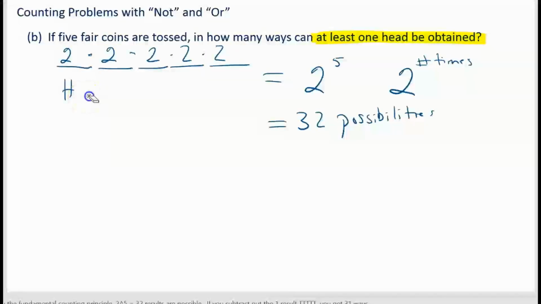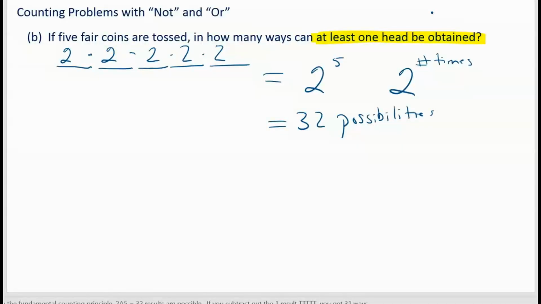Now, they're asking for how many possibilities have at least one head. So you're talking about, of course, the one I gave you, the heads all the way, 4 heads, 3 heads, 2 heads, 1 head, all of those options. Now, it would be easiest for us, instead of finding out how many possibilities is all 5 heads, which is just 1, or 4 heads, which is going to be 5 different possibilities, or 3 heads, which is, I don't know how many possibilities, I'd have to calculate it.